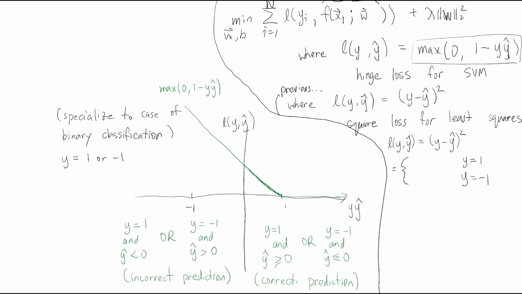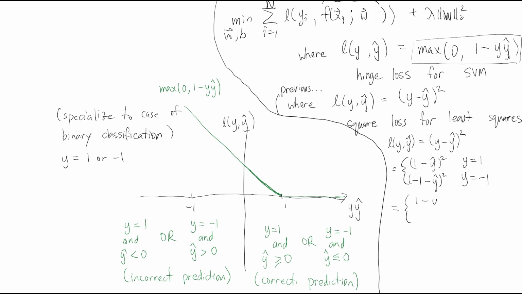In the case when y equals 1, the square loss becomes (1 minus y hat) squared. I'm just plugging in 1 for y. When y is minus 1, we have (-1 minus y hat) squared. And I'm just going to simplify this a little bit more.